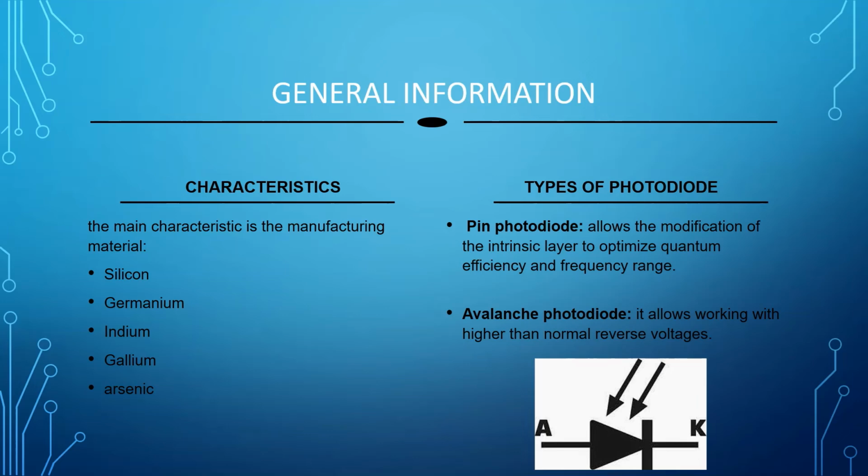An avalanche photodiode is very similar to the common photodiode, but the advantage is that it allows working with higher than normal reverse voltage. This diode is normally used when the received power is limited, since the responsivity is higher than photodiodes. Its use is not recommended in projects in which signals are used because it introduces noise to the circuit.